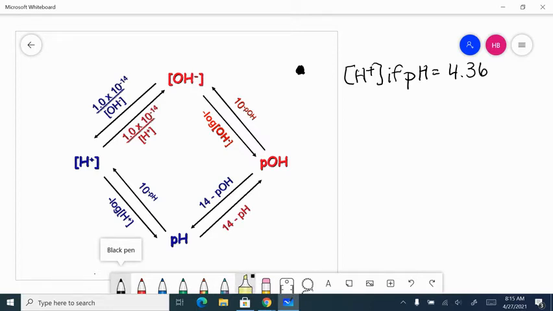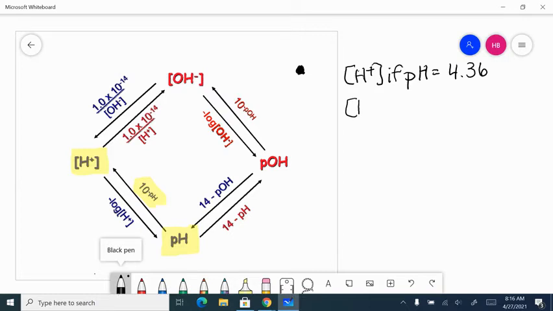So I go to my square and they're asking me to find H plus. They've given me pH. This time I'm looking for the arrow that points to H plus starting at pH. So that's going to be this arrow, and it says 10 raised to the negative pH.